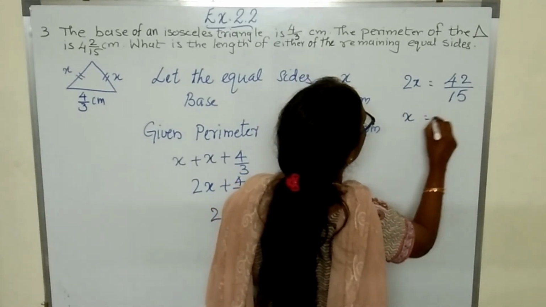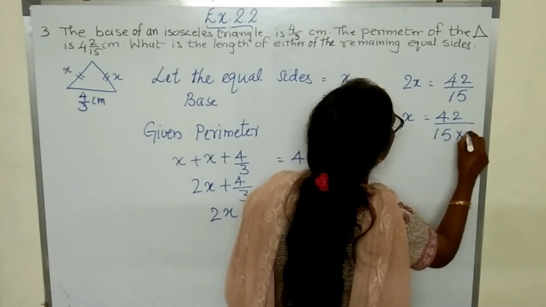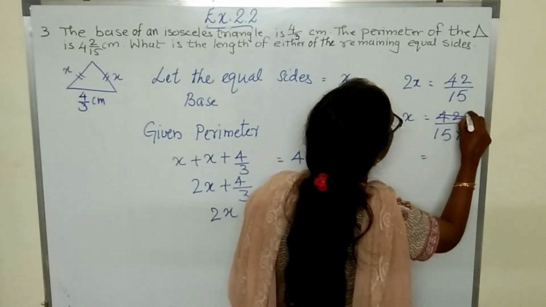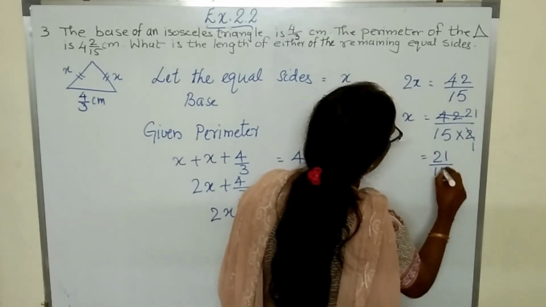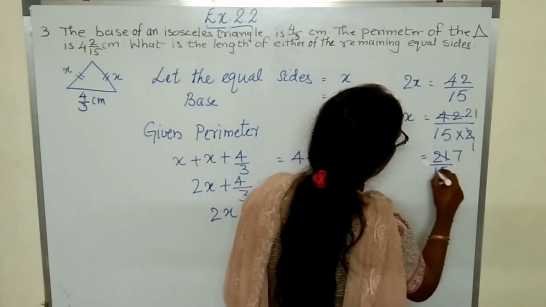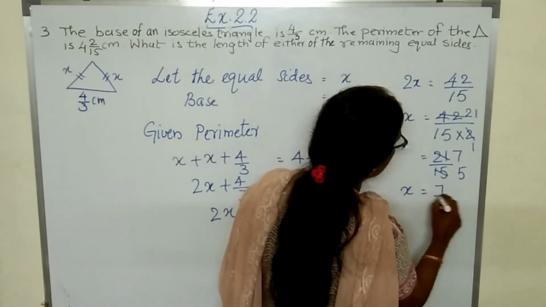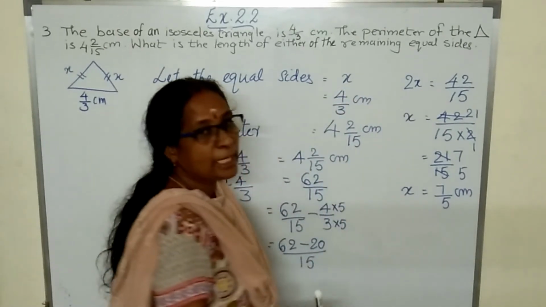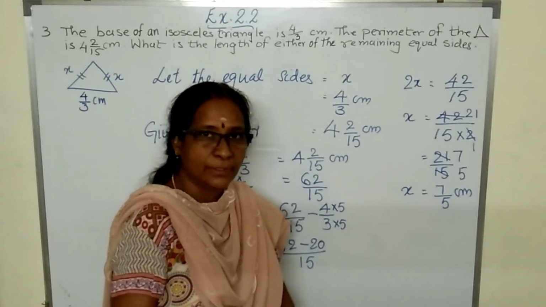So x is equal to 42 upon 15 into 2. When you do cancellation, 2 ones are 2, 2 21s are 42. So you get 21 upon 15. Again, 7 3s are 21 and 5 3s are 15. So x is equal to 7 upon 5 centimeter. So the equal sides of the triangle is 7 upon 5 centimeter.